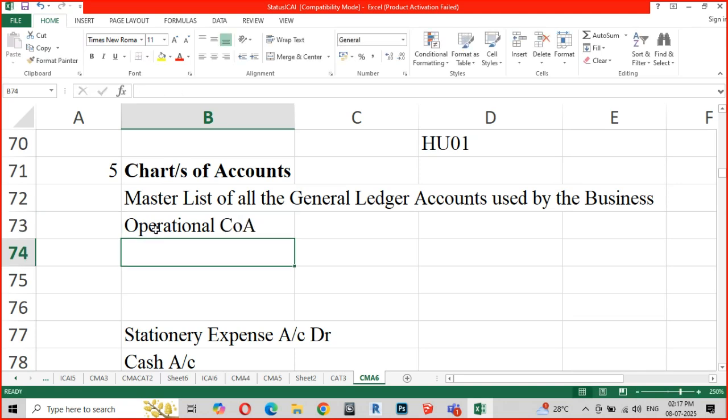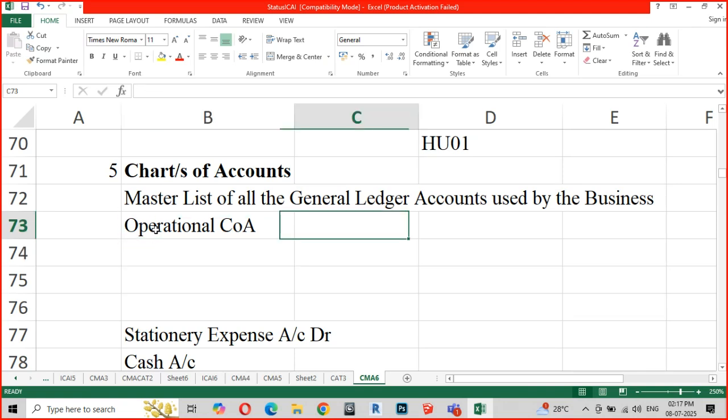Operational COA is your chart of accounts. Mandatory or compulsory. Because when you try to carry out a financial transaction, SAP should be in a position to pick up the general ledger accounts, right? If the general ledger accounts are not there in the SAP system, how do you expect it to accept the transactions?